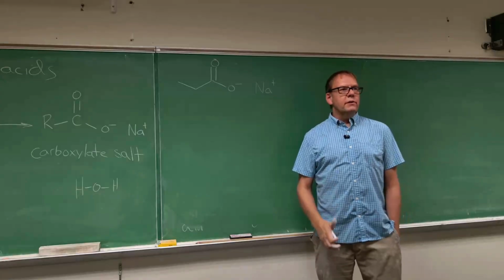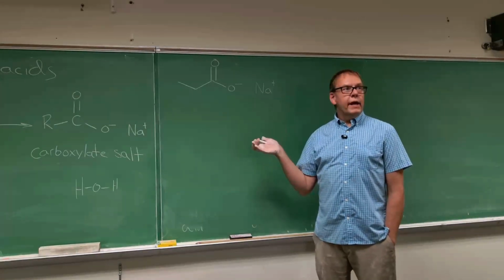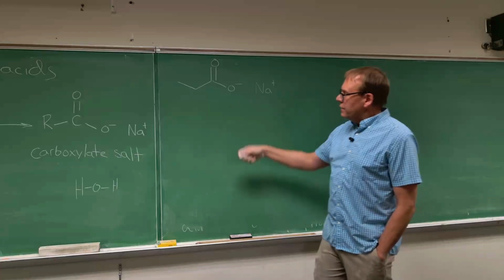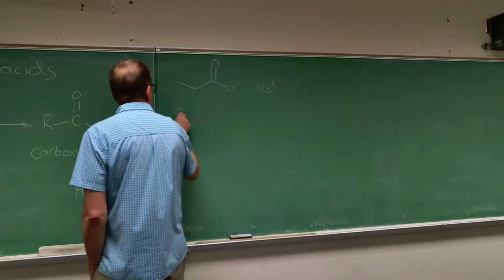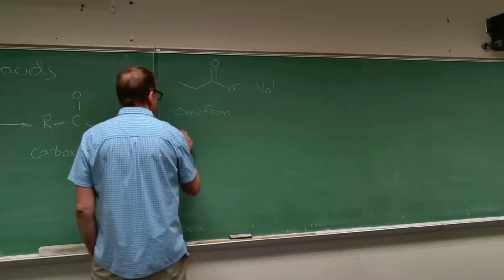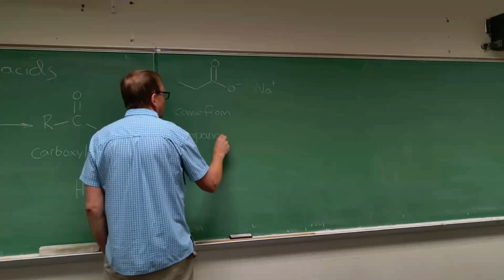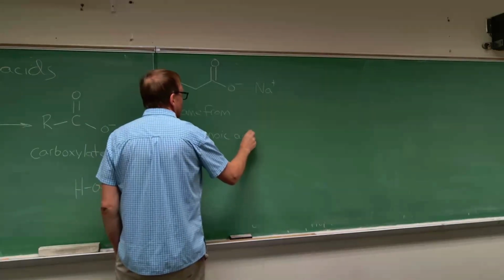So here's a carboxylic acid salt. It's a sodium salt of propanoic acid. If this were the acid, this came from propanoic acid.